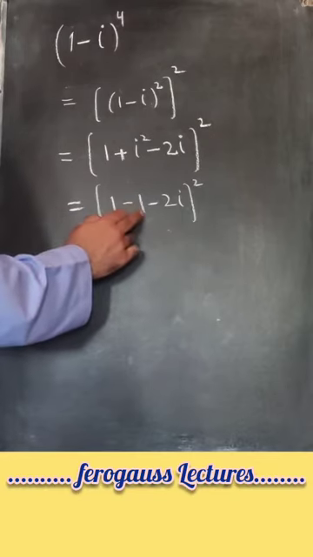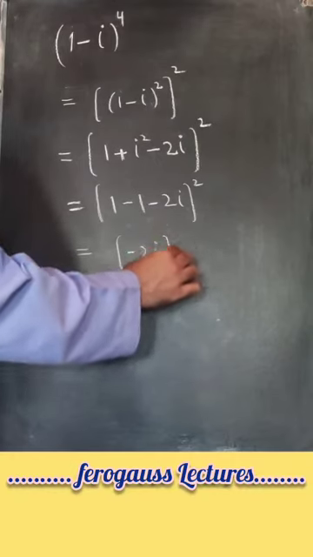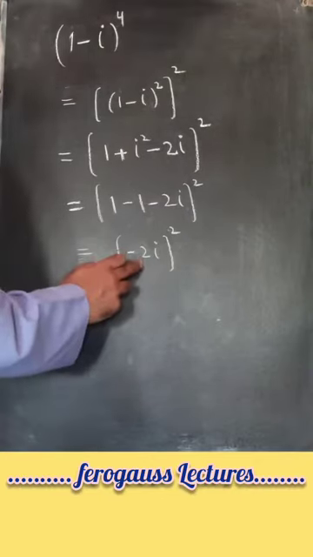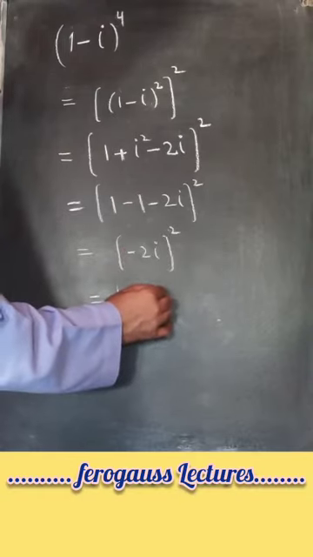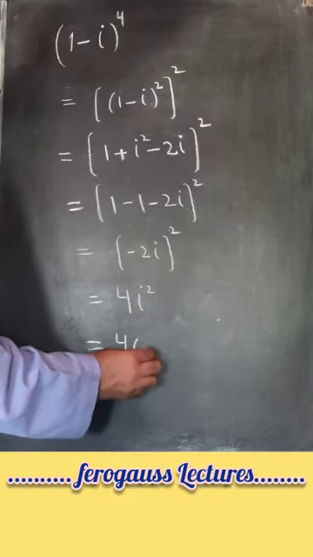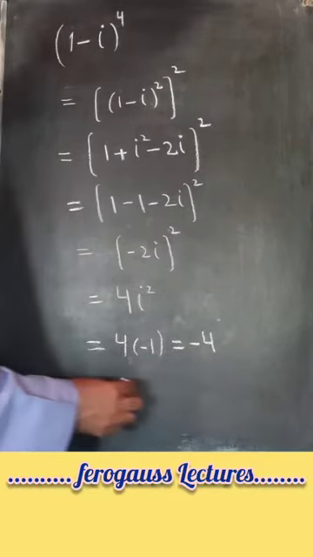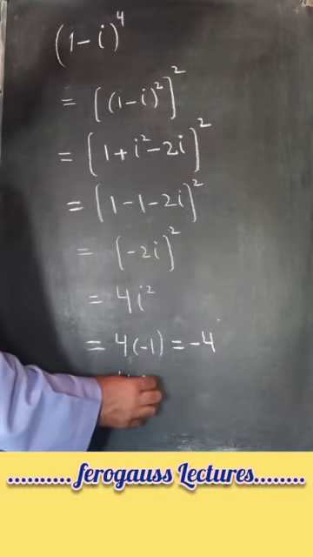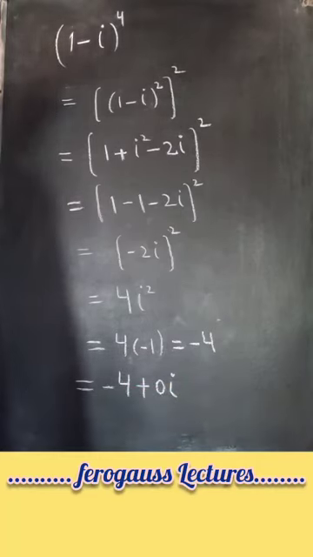Now plus 1 minus 1 cancels, so you get minus 2 iota whole raised to power 2, which is further equal to minus 2 square is 4, and we have iota square, that's further equal to 4, iota square is equal to minus 1, which is equal to minus 4, or we can write it as minus 4 plus 0 iota, as 0 iota is equal to 0.